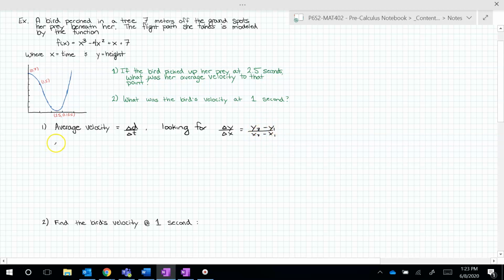So if we're looking for this average velocity between 0 and 2.5 seconds, what we're trying to find is the y coordinate at 0 and the y coordinate at 2.5, and the x-coordinate at those 2 points. I've already got these labeled here. At 2.5, we're at about 0.125 meters off of the ground.